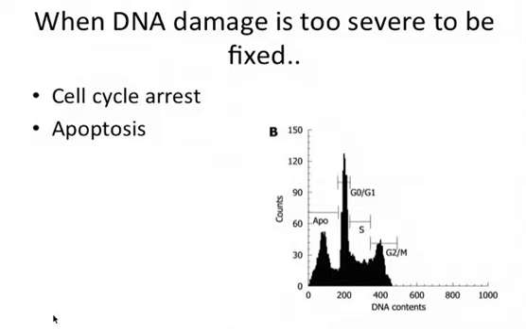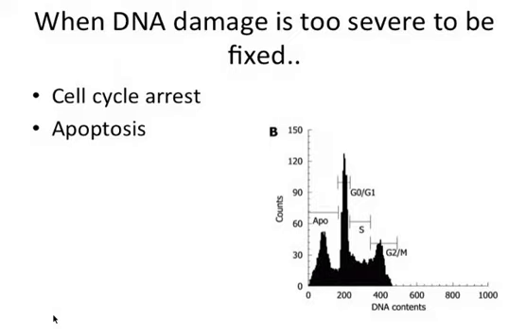Okay, so when DNA damage is too severe to be fixed, you get cell cycle arrest or apoptosis. And we're going to start talking about apoptosis on Friday. But remember, you've seen this before, where you have PI staining, and that's staining your DNA.